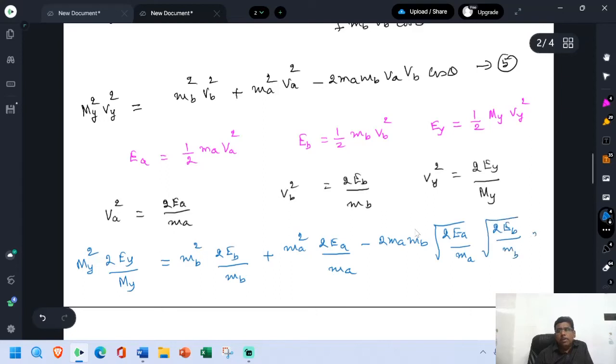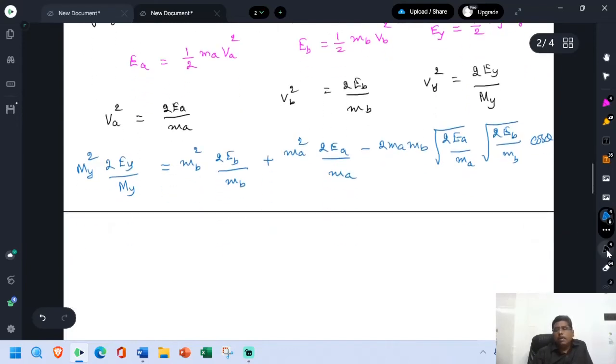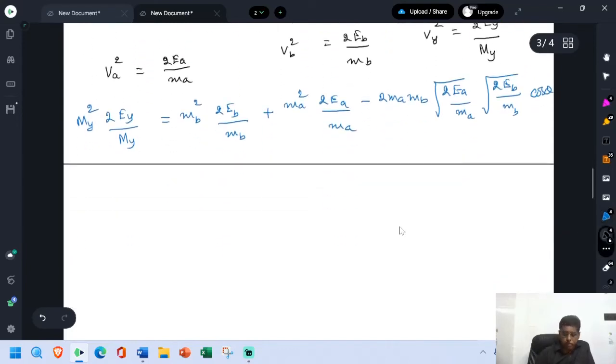The entire term is multiplied by cos theta.